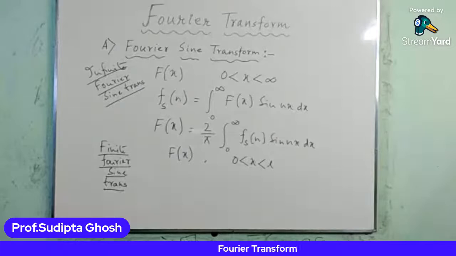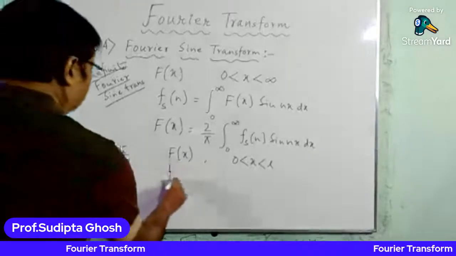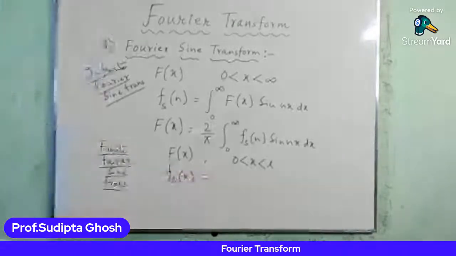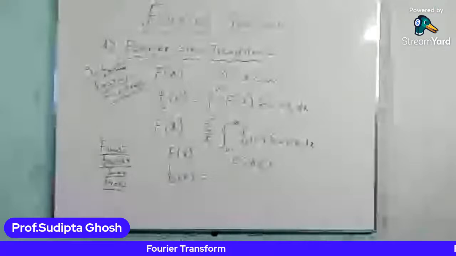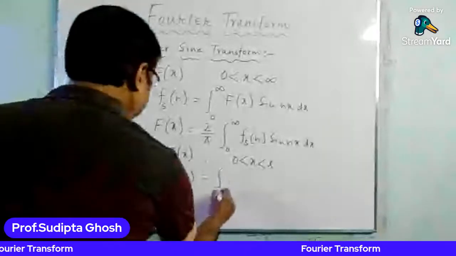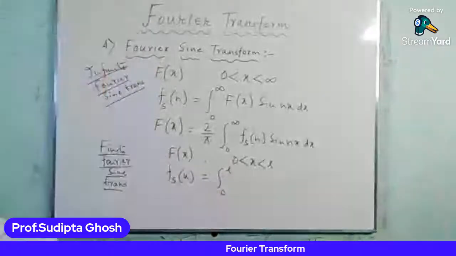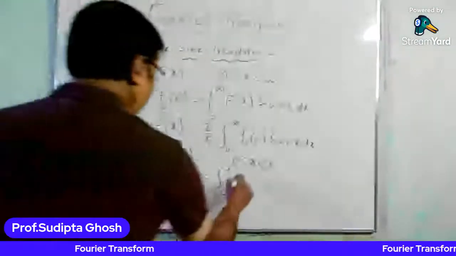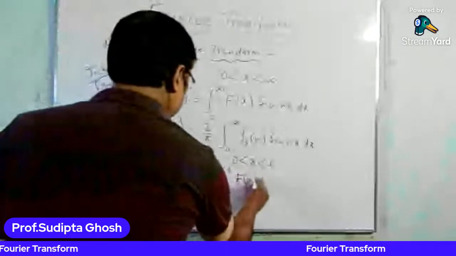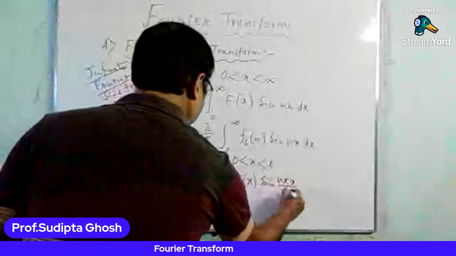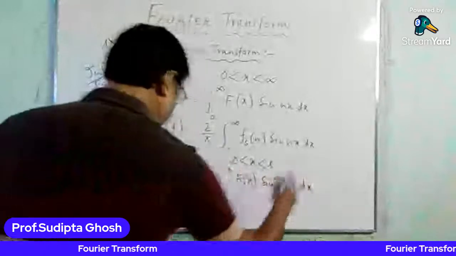So now the finite Fourier sine transformation Fs(n) will be given as integral 0 to L, so the limit is from 0 to L, then f of x sine n pi x by L into dx.